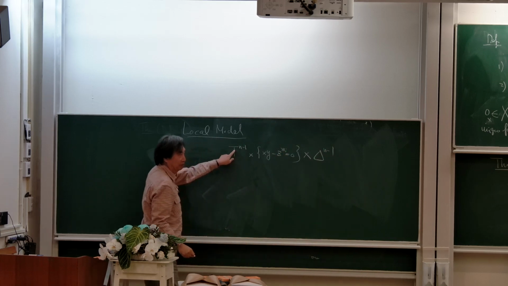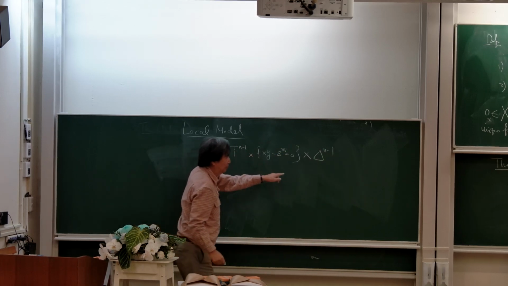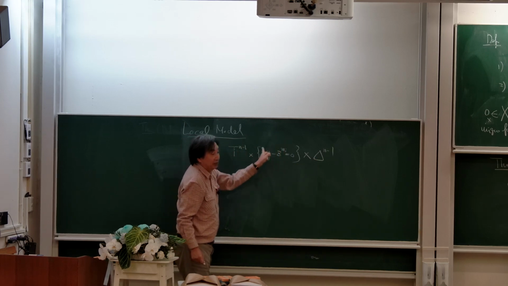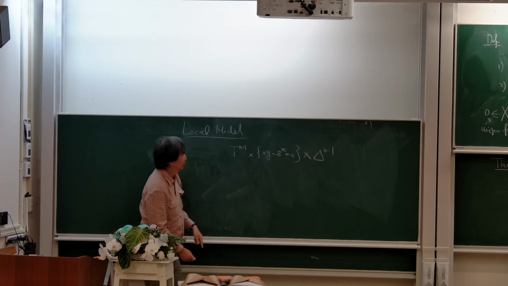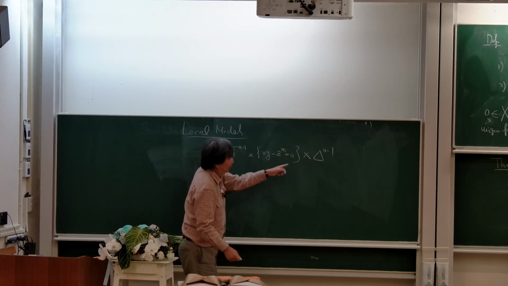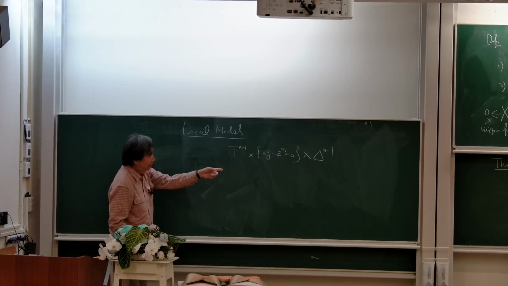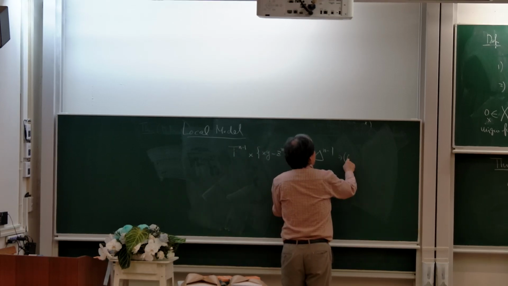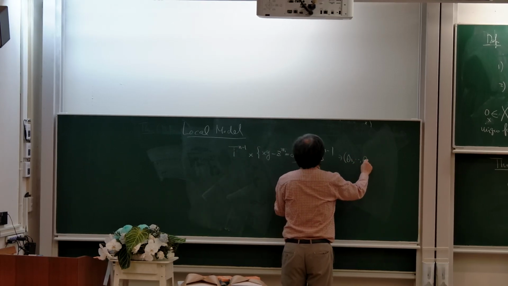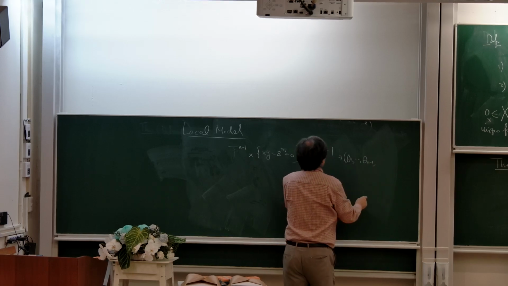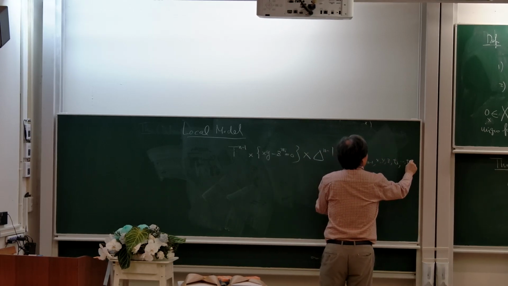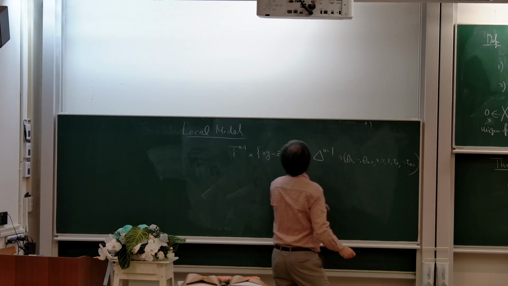This is the (n-1)-dimensional torus, and this is the disk of dimension n-1. This has singularities, and this is a 2n dimensional space. Here you have coordinates theta 1, ..., theta n-1, x, y, z, t1, ..., tn-1.